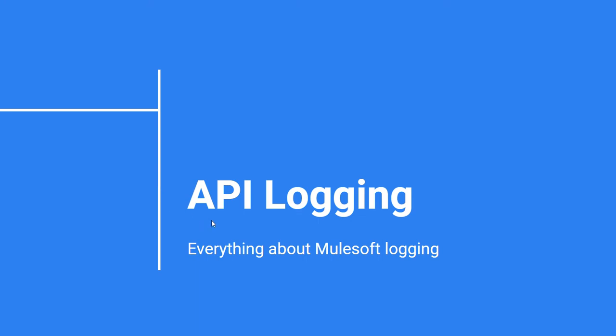In previous sessions, we saw how to log statements using the logger component inside your Mule application. Now you have a requirement that you don't want to configure any logger component inside your application. You want to externalize the logging from your application to a policy.